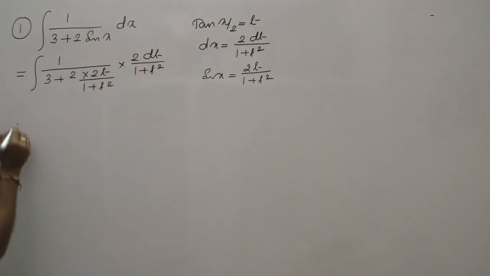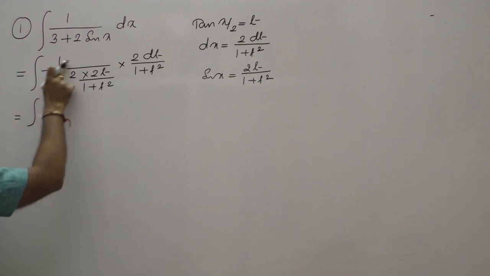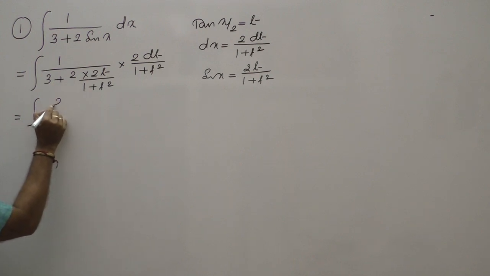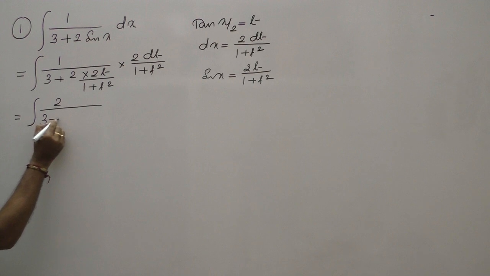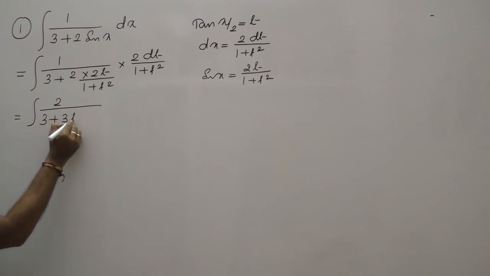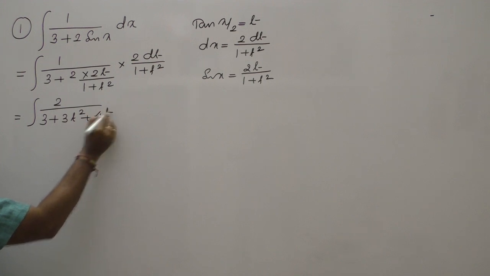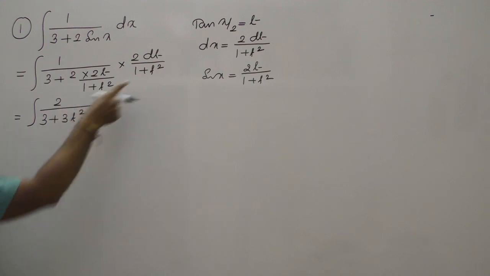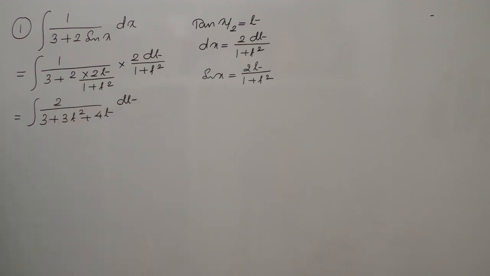The change of variable has been done. So the integral is 1 divided by, 1 into 2, I can write 2 here. If I take LCM, this will be 3 plus 3t square plus 4t, and the 1 by 1 plus t square gets cancelled.